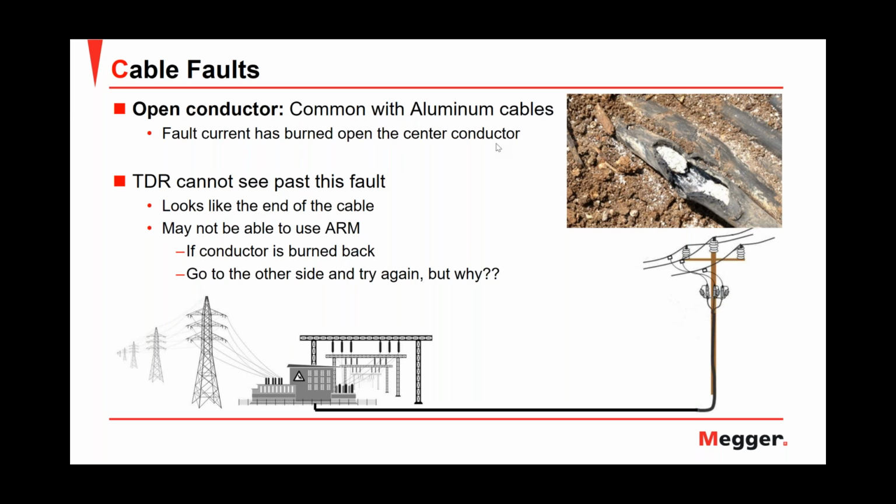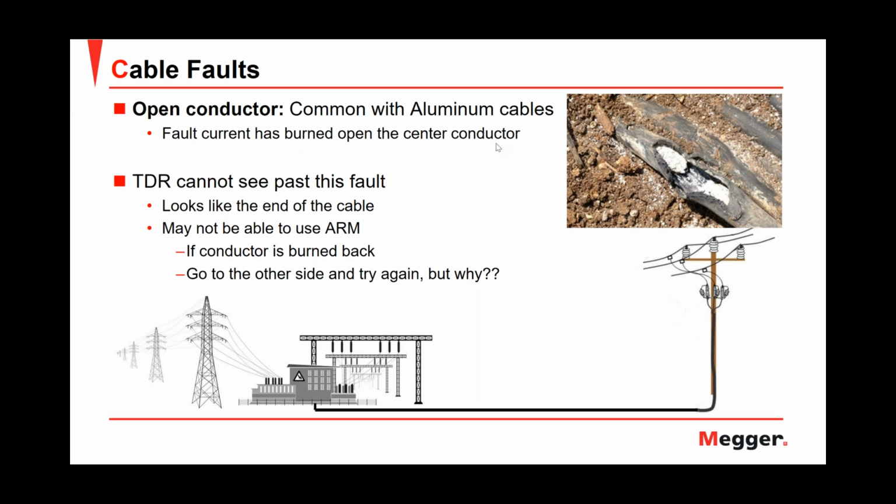So in this open conductor fault, we may not be able to use the reflection method if the conductor is burned back. So what we need to do is go to the other side and try it again.